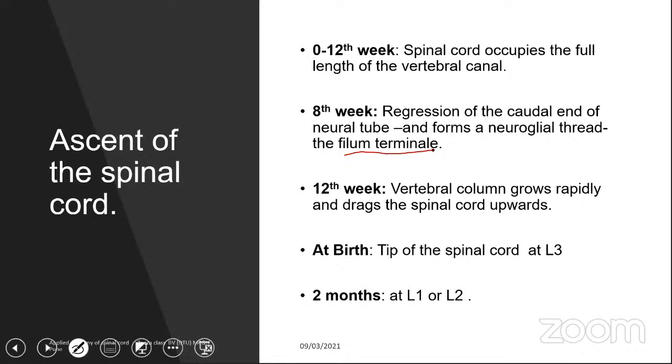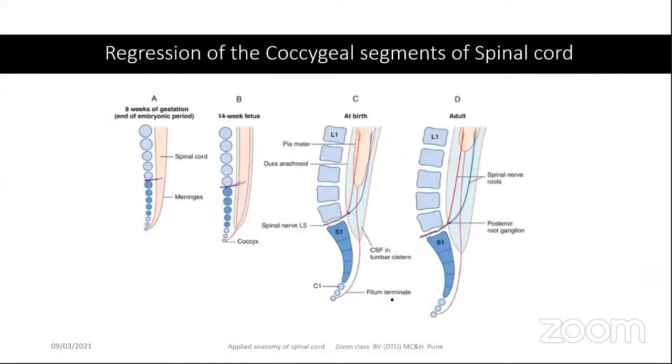What happens at birth? The tip of the spinal cord is at L3 at birth, and at 2 months it reaches the adult position of L1 or L2. That means the end of the spinal cord is at L1 or L2. That's the thing which you have to know. You see the diagram. At 8 weeks of gestation, the spinal cord fully occupies the canal. At about 14 weeks, you see there is the caudal regression.